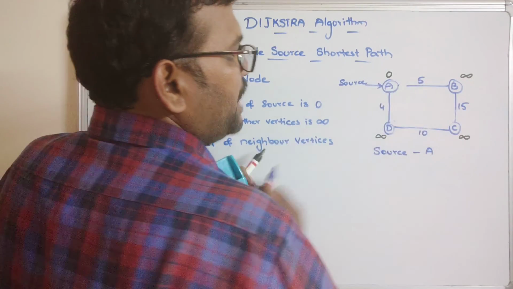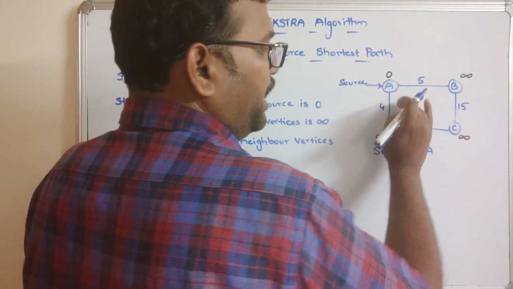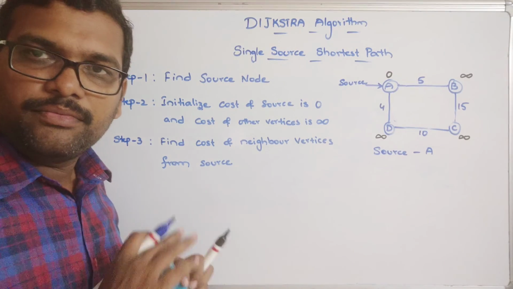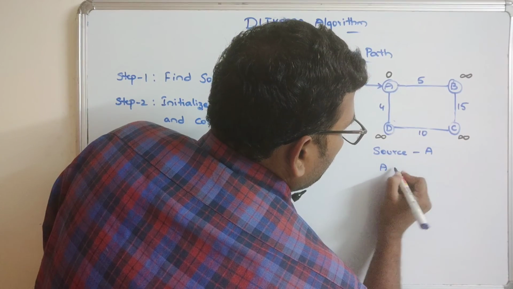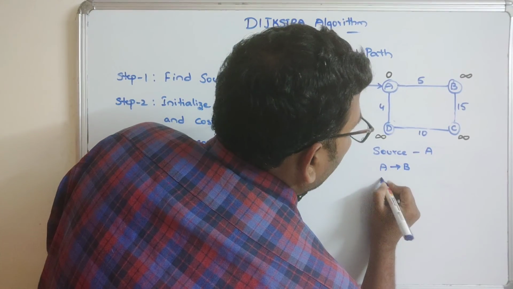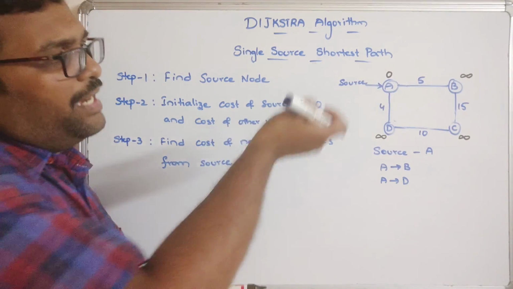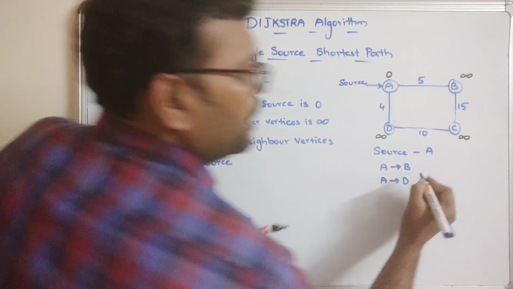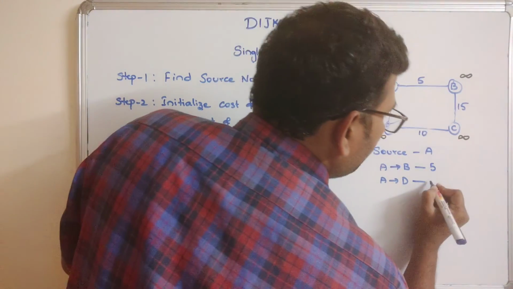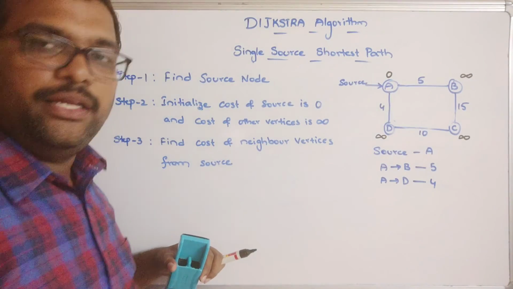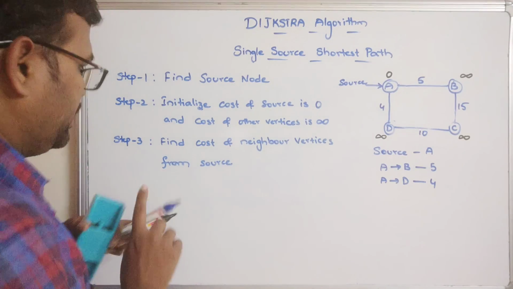In the absence of this arrow, it is an undirected graph, so A to B and A to D are both neighbors. So find out the cost. There is a direct connection, so obviously A to B the cost is 5, and A to D the cost is 4. Now change the cost.